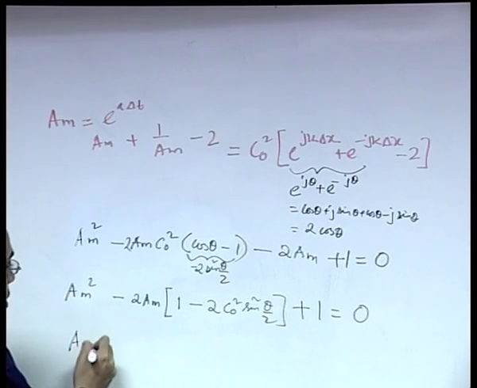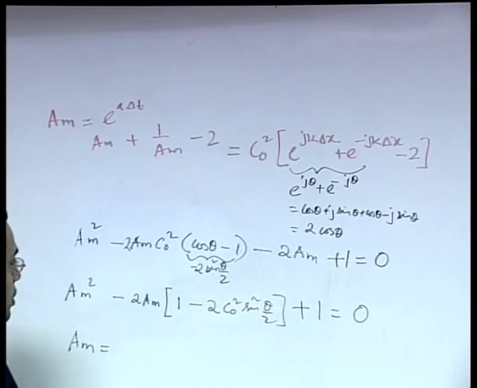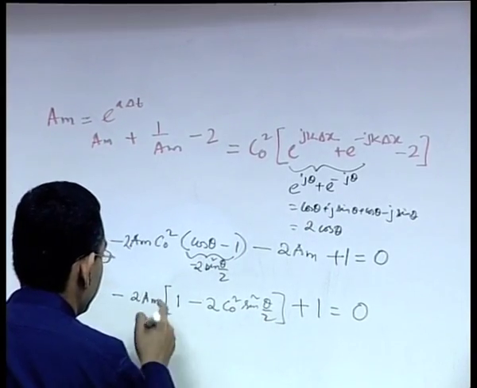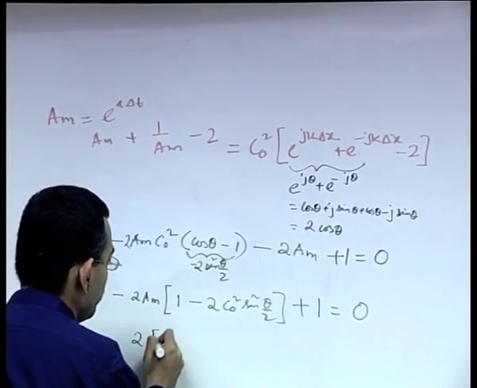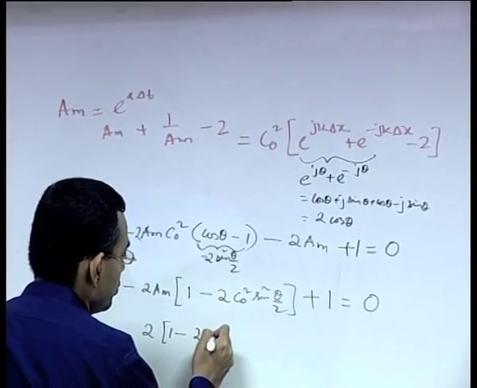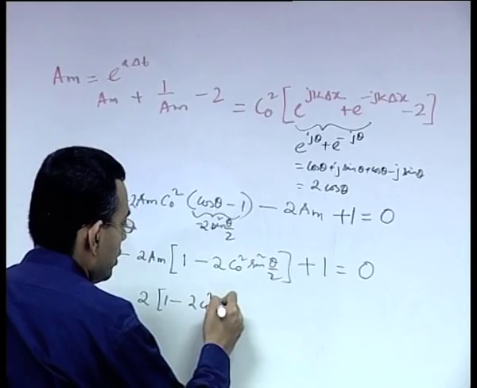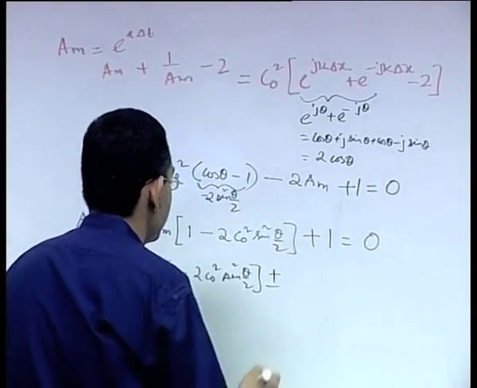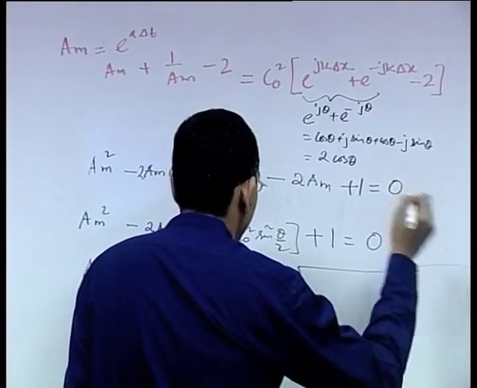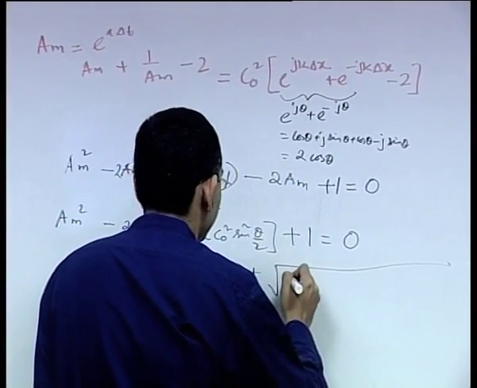So, am is minus of this one minus b. So, 2 into 1 minus 2 c naught square sin square theta by 2, plus minus root over of b square.